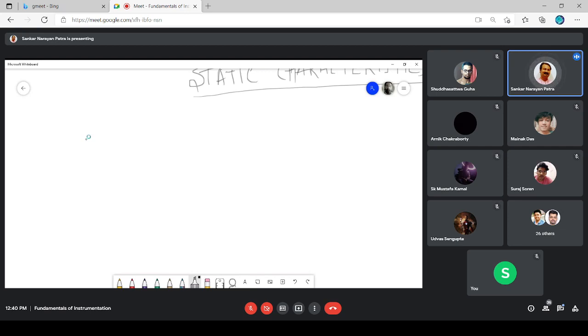The maximum temperature it shows is 97.3 degrees centigrade. So 97.3 is not the boiling point of water. The boiling point of pure water at 1 atmospheric pressure is 100 degrees centigrade. But your thermometer is showing 97.3.